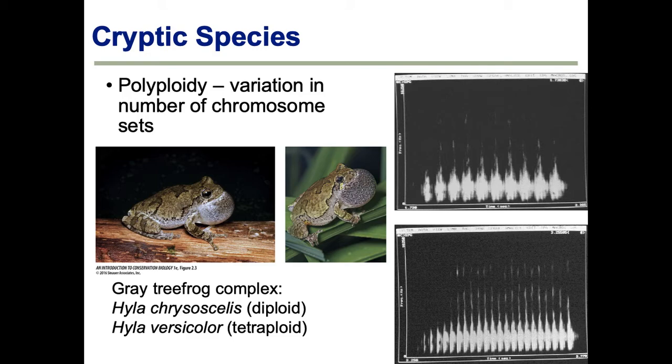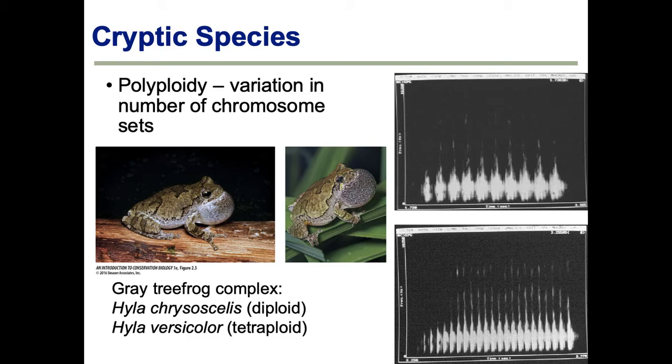Another example is a species that I work on, or two species that I work on. They have different numbers of chromosomes. What happened is that Hyla chrysoscelis has 2 copies of all its chromosomes, and a duplication event occurred, and there's a frog that looks identical that has twice as many chromosomes.